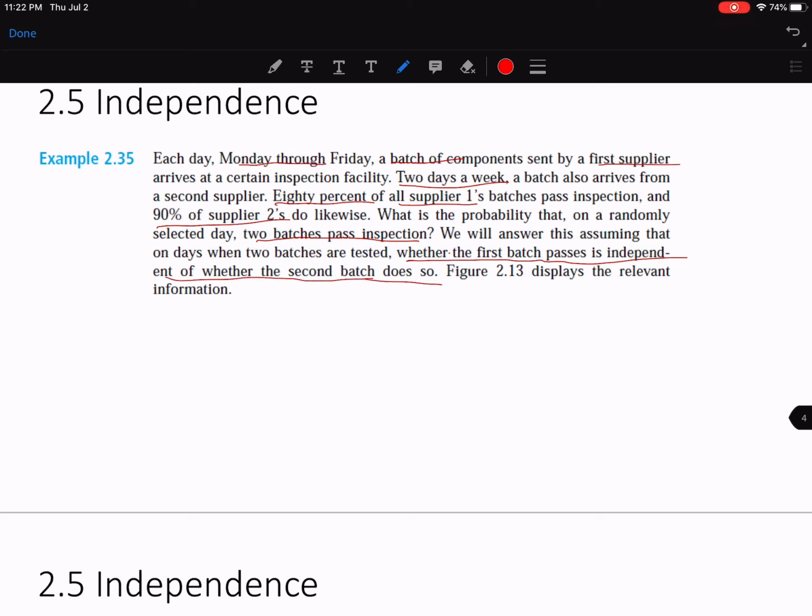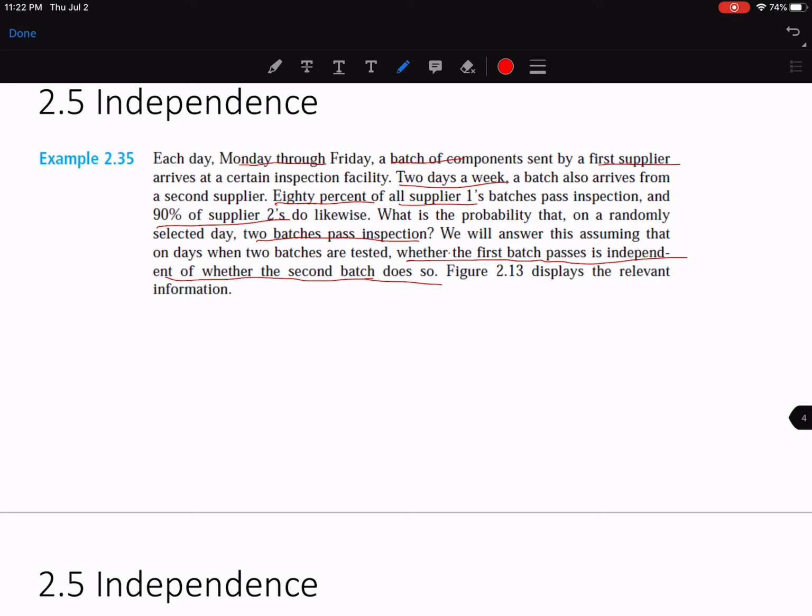So they are independent. If we want to find the probability that on a randomly selected day 2 batches pass inspection, first of all we have to have 2 batches arrive that day, because there are going to be 2 different situations. One is that only 1 batch of components arrives, and the second is that 2 batches arrive on that day, right?